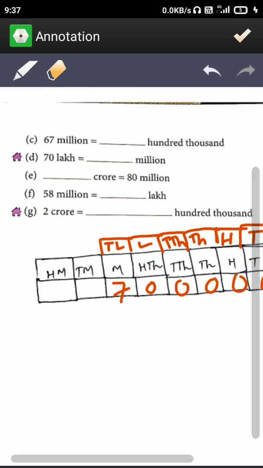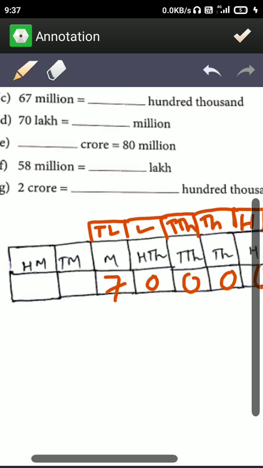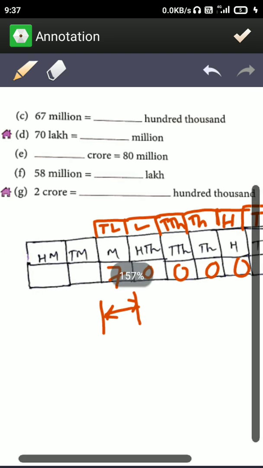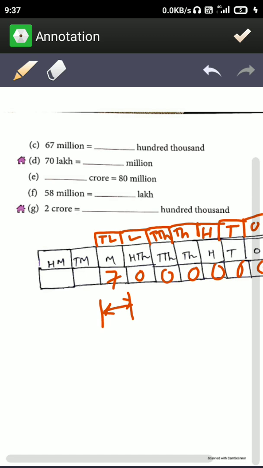It is 7 million. Sorry, one moment, 70 lakh is equal to 7 million.